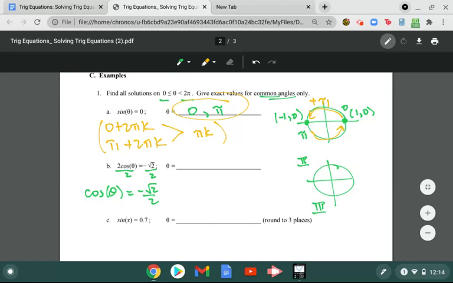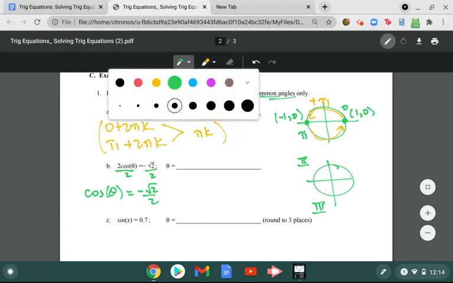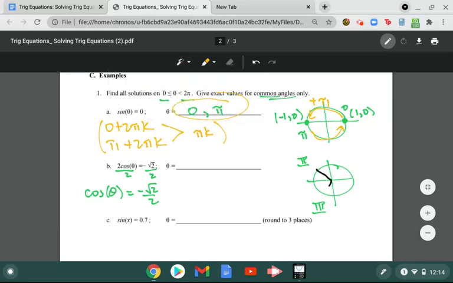This is a 45-degree angle, or pi fourths. So I'm going to land here and here. So that would be at 3 pi fourths in quadrant 2 and 5 pi fourths in quadrant 3. So 3 pi fourths and 5 pi fourths.